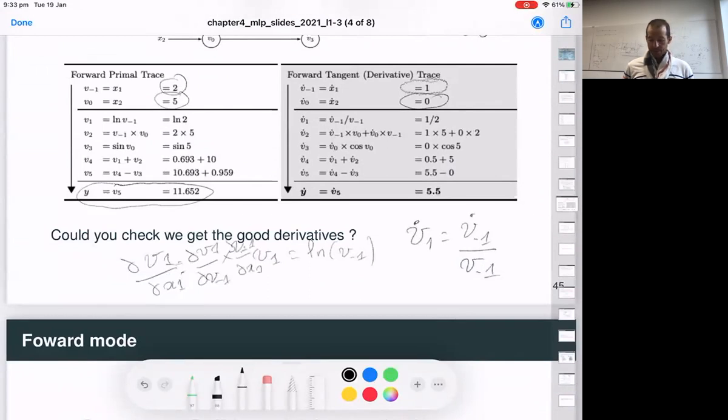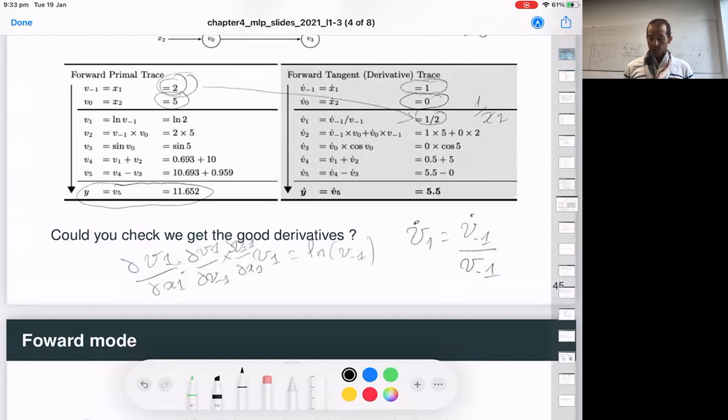Agree? Okay, and it is 1 over 2 because it's 1 divided by x1, and x1 is equal to 2.